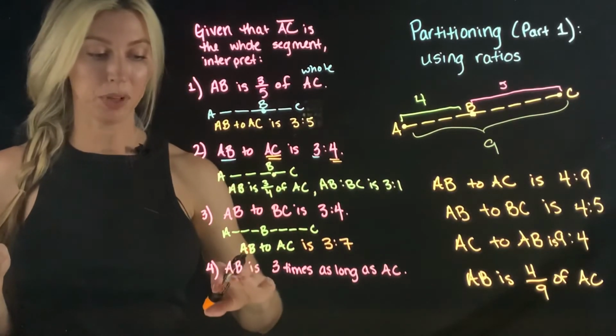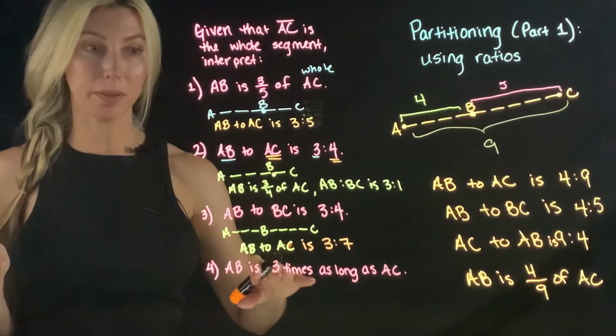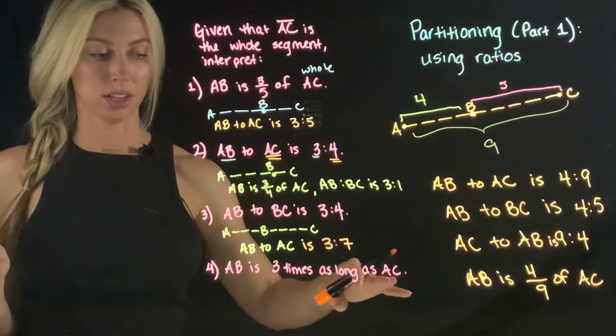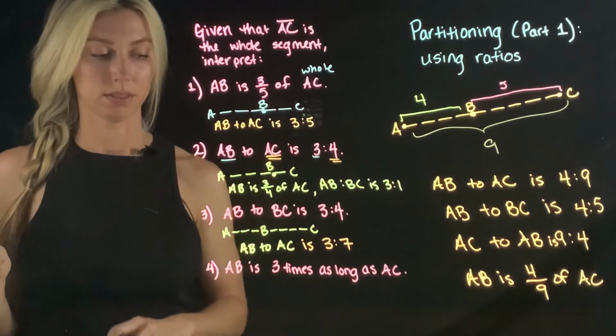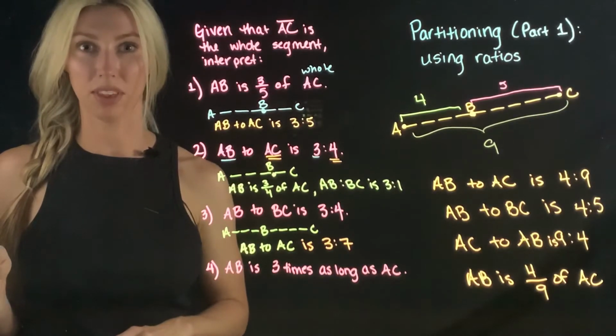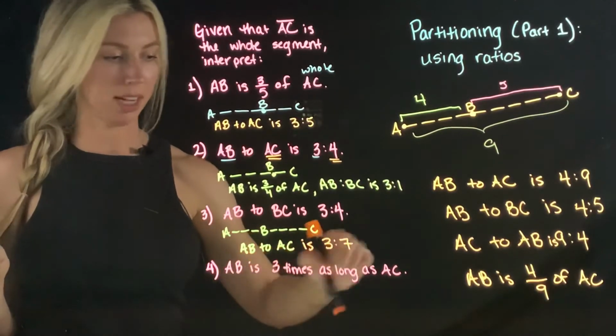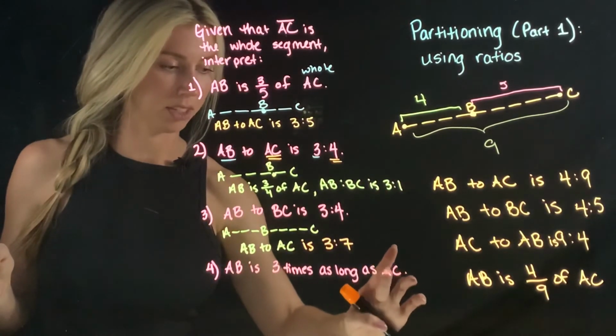And then this last example, it says AB is 3 times as long as AC. And that example doesn't go well with everything I was doing. Sorry, it should say AB is 3 times as long as BC. I apologize.